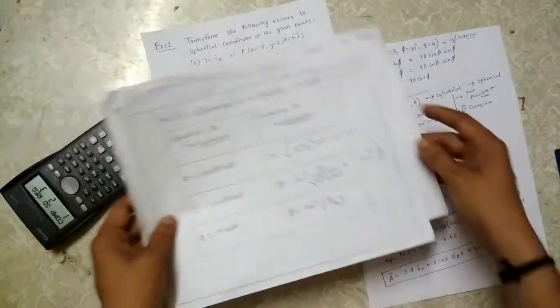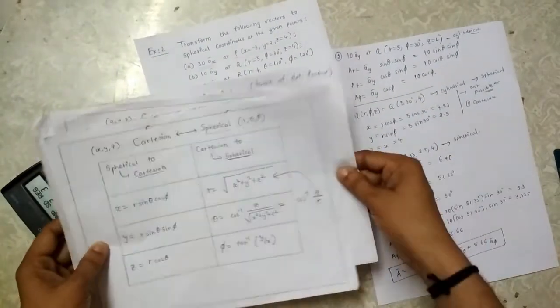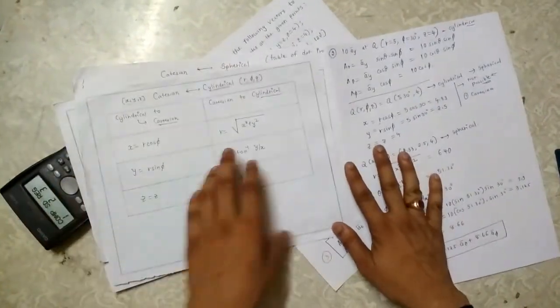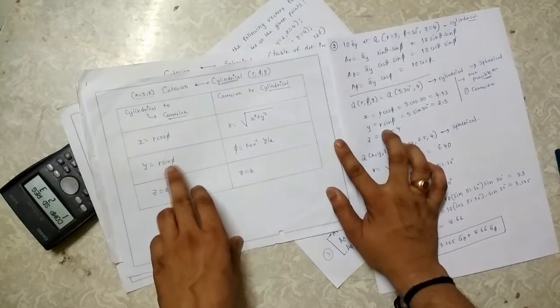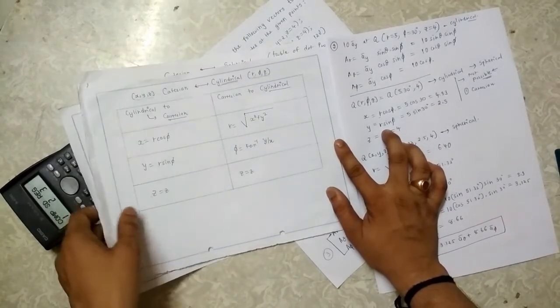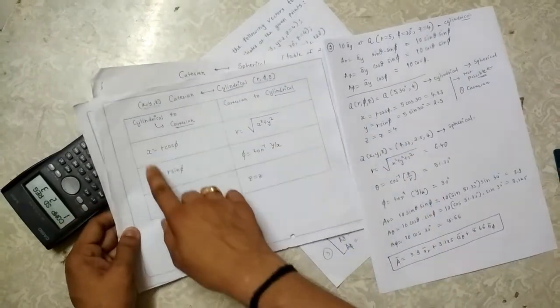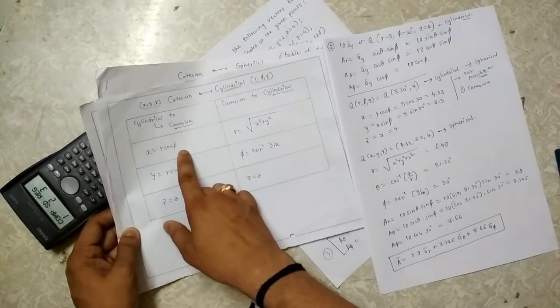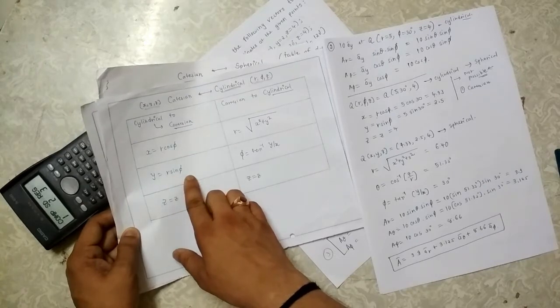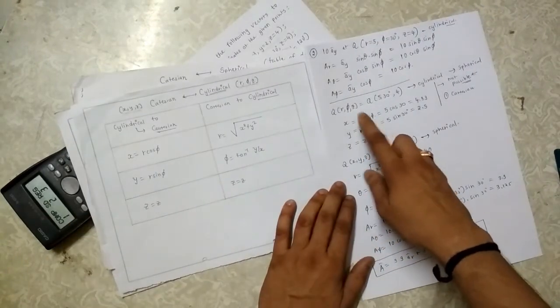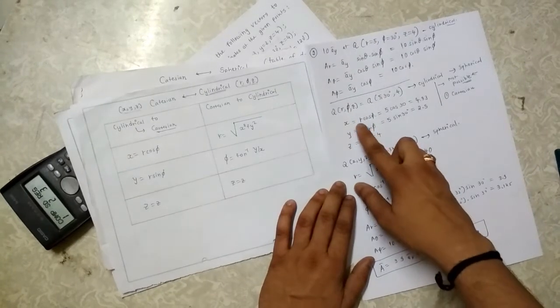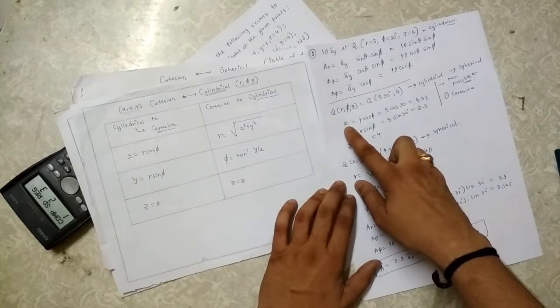Our system is given in cylindrical, so with the help of this table, if we have values of r, phi and z, this is how we can convert them into x, y and z: x is equal to r cos phi, y is equal to r sin phi and z is equal to z.